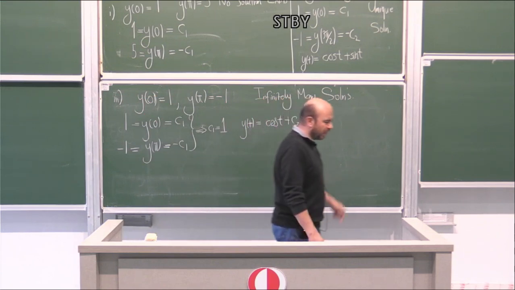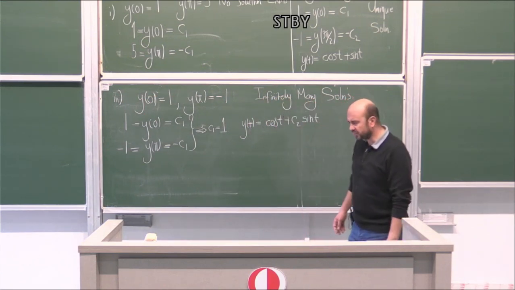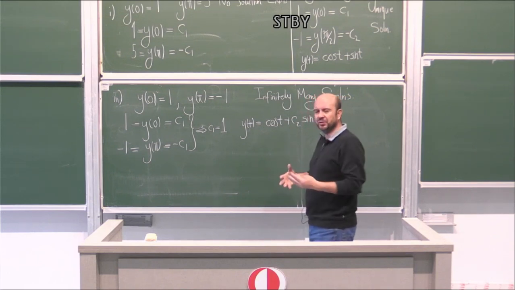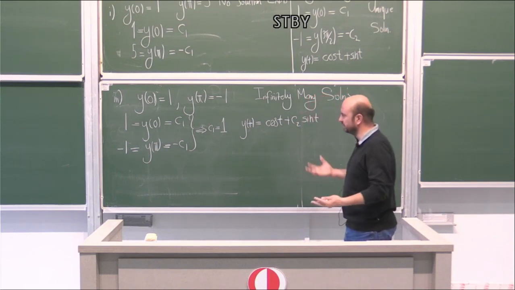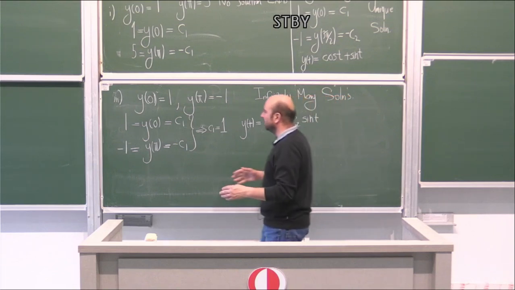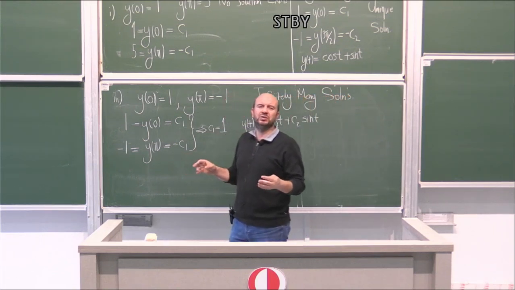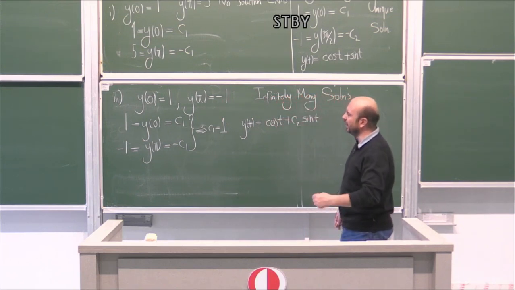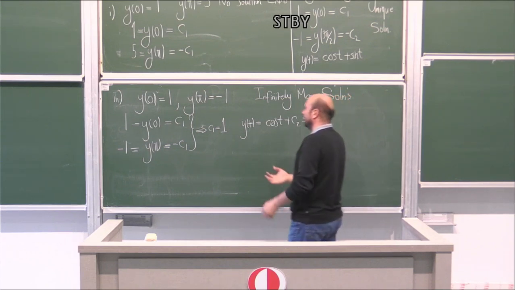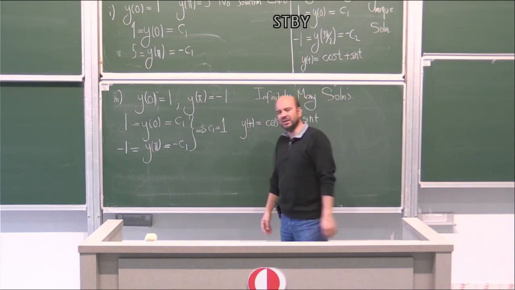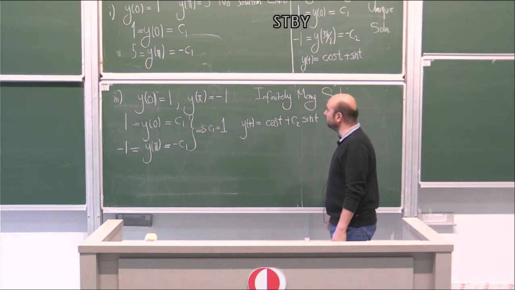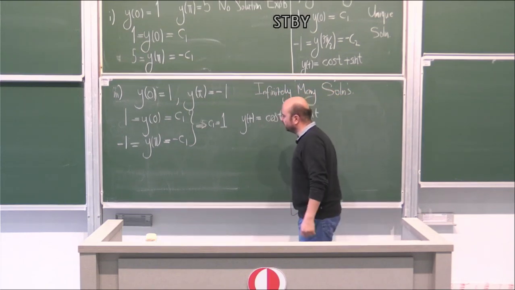If you remember, for the initial value problem, you look at the coefficient functions, and if they are nice around the given point, where nice means continuous around the given point, then we were able to get a solution, and most of the time it was unique. But here, our equation is very simple.